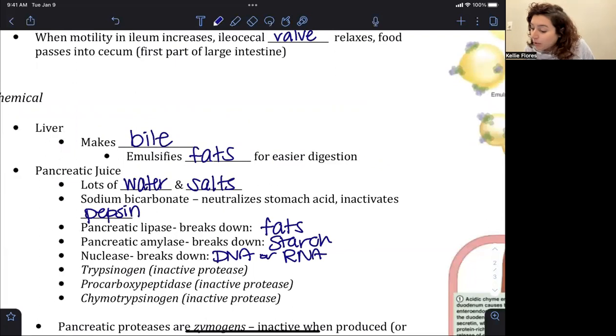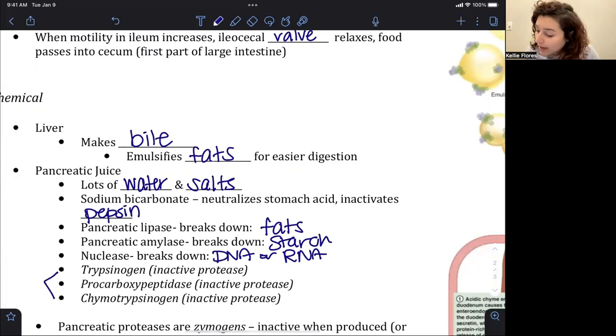Trypsinogen, procarboxypeptidase, and chymotrypsinogen are all three inactive proteases. So if they're inactive, that means that they're made in the pancreas, but they're not active yet. So those are going to be active later when they're needed.